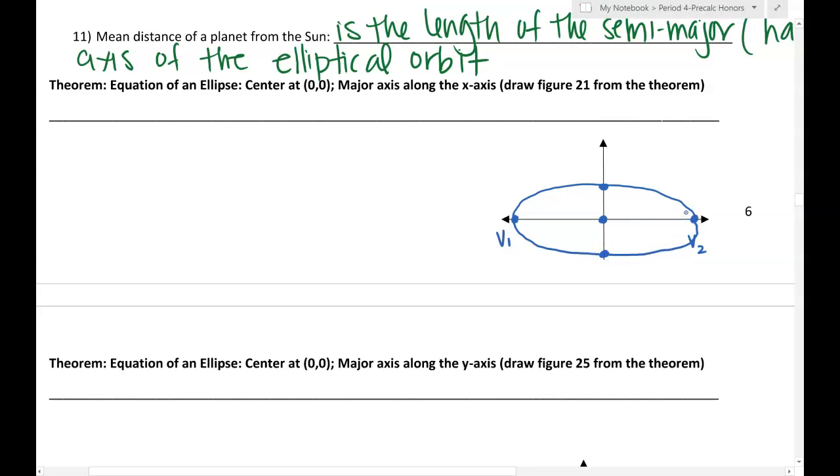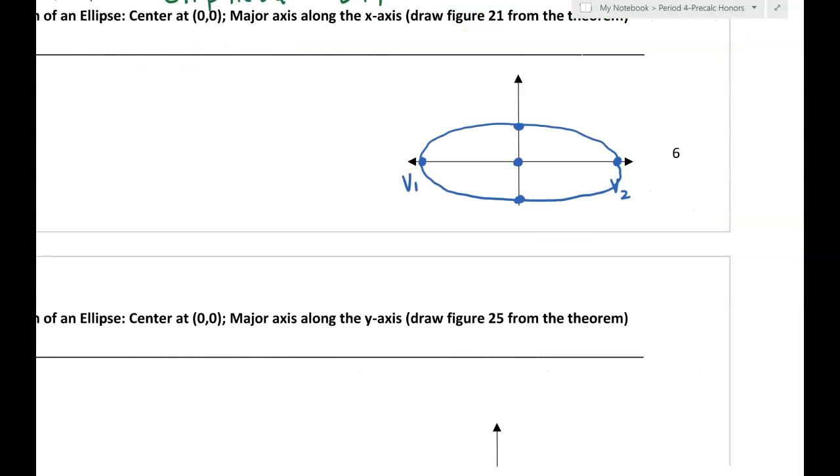Now, from your activity, you guys by now should know a couple of things. You guys should know, and again, not to scale here, okay? That the foci should be on the x-axis as well, since the vertices are on the x-axis.